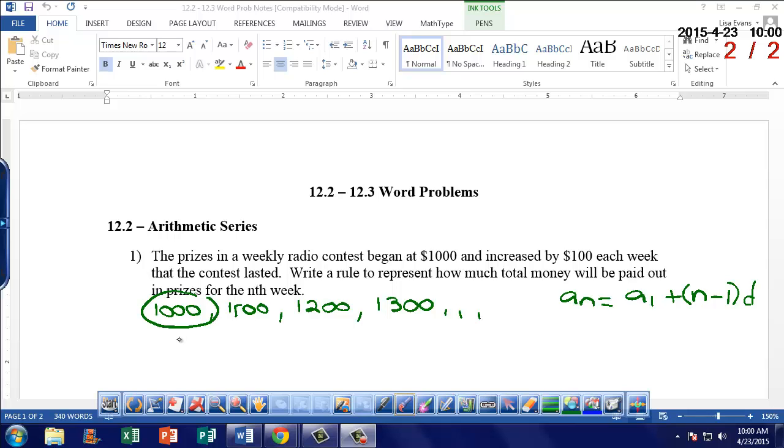You have your a sub 1 and you have your d, because we know it's increasing by $100. So if you want to do an example from this, 1,100 minus 1,000, which you don't even need to do because it basically gave you the d right here. Either way, you get 100 for d. Go ahead and plug those two in.